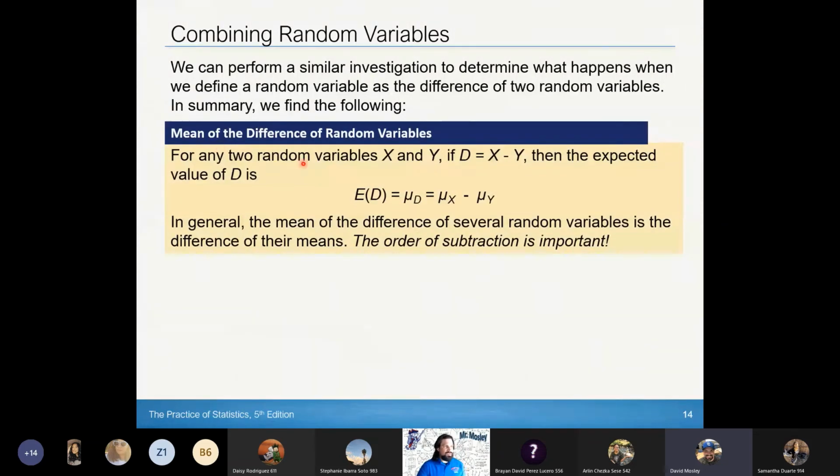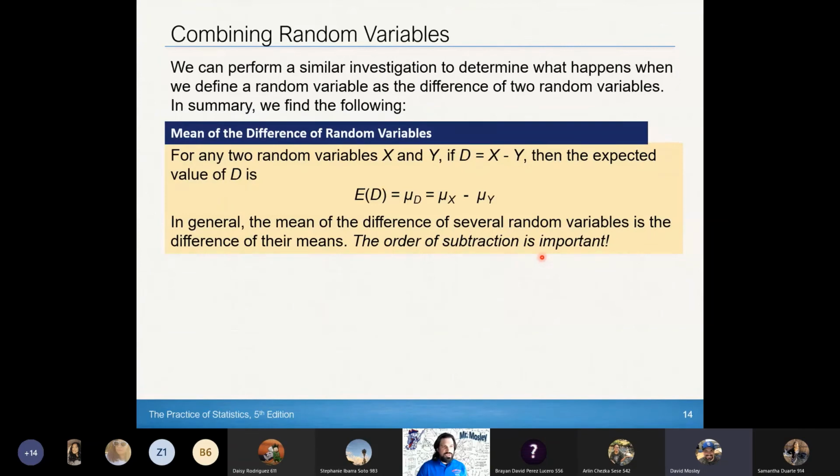The mean of the difference of random variables: for any two random variables, x and y, if d equals x minus y, then the expected value of d is the expected value of x minus the expected value of y. Just subtract the means. Again, there's nothing fancy. In general, the mean of the difference of several random variables is the difference of their means.